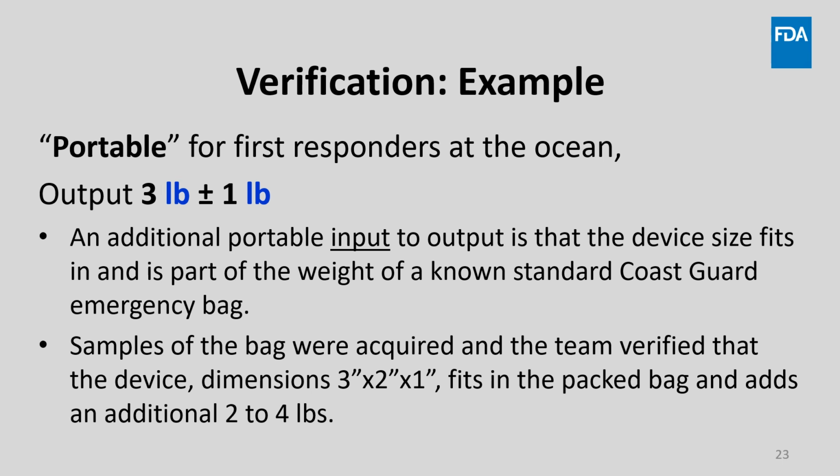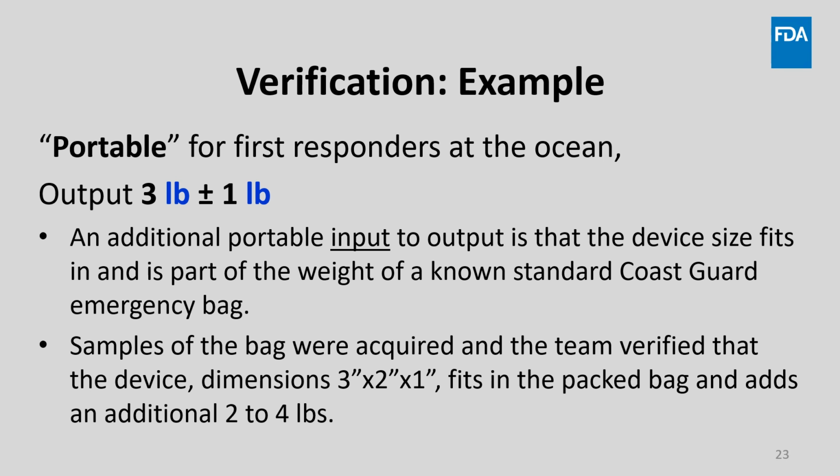Next, using our example, during the review, it was identified that portable includes weight 3 pounds, with users being first responders and the ocean as a use environment. This caused further iteration in the design input to output, and after referencing our risk matrix, new information was learned and included.